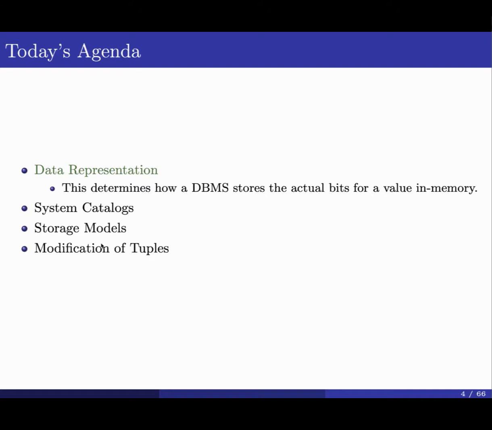So far we store the data tuple based, or row based, but we have a different storage model that we call column based. We're going to see how we can store our data column based. Then after that, I'm going to go through a few examples to show you different ways to modify tuples: update, delete, insert, etc.